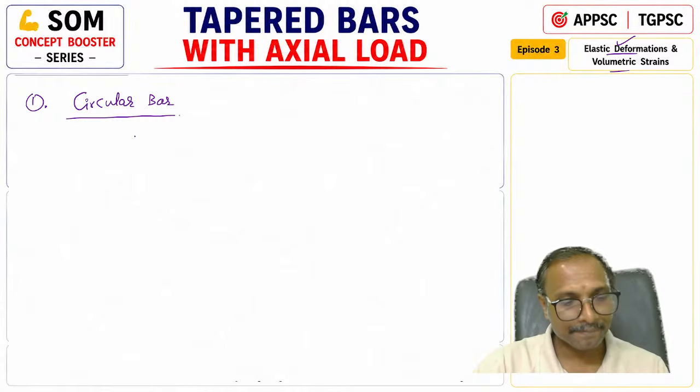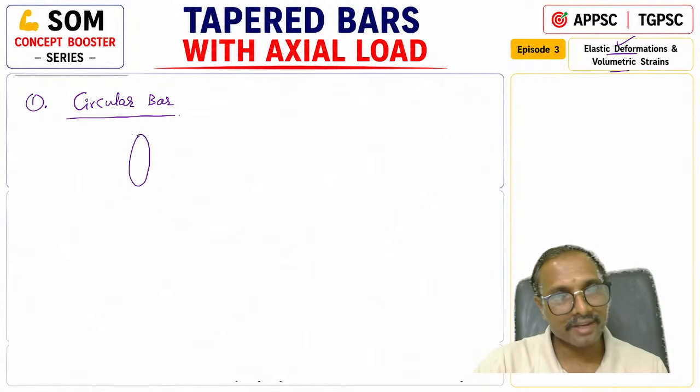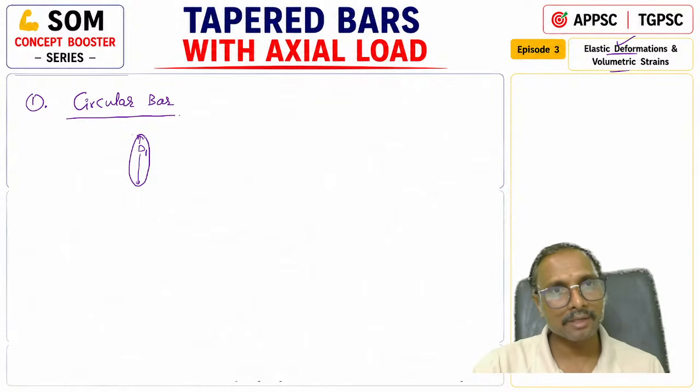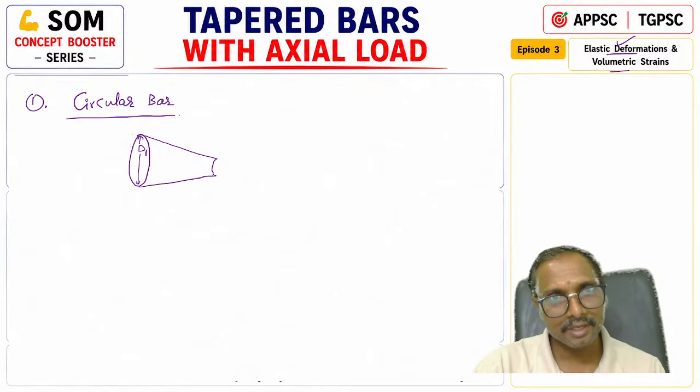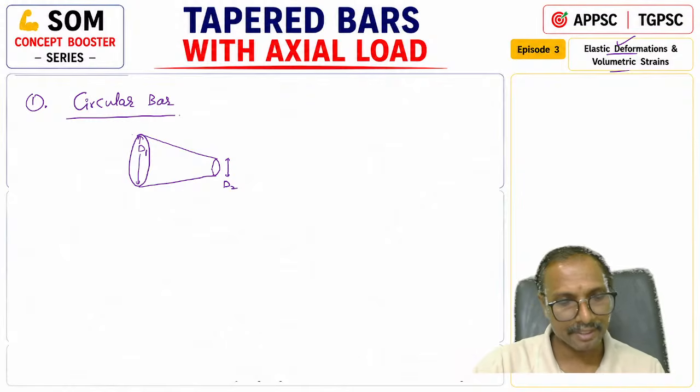What will we consider here? For the circular bar, what is the diameter on one side? This capital D is the one side diameter. No, put it as D1. You keep D1. The other side diameter, it is tapered like that. To which diameter is it tapered? That is your D2 diameter. Now what is the length of this?